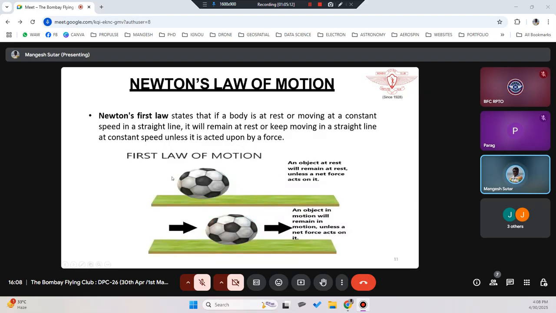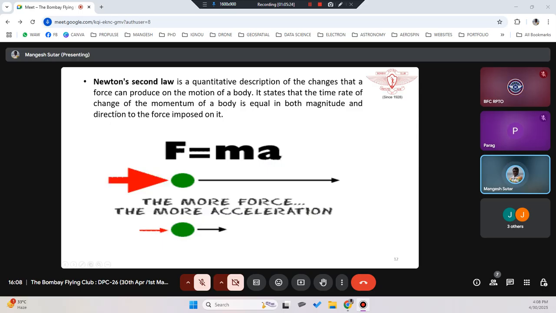We saw Newton's laws of motion. The first law states that an object at rest will stay at rest, and an object in motion will stay in motion unless an external force is applied. The second law: the more force is applied, the more acceleration is caused to the body.